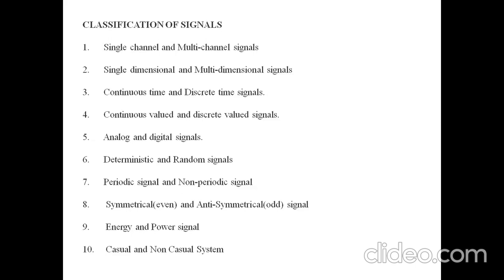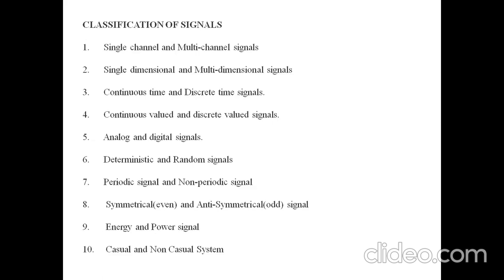In the first category, single channel and multiple channel signal. Second is single dimensional and multidimensional. Third is continuous time and discrete time. Fourth is continuous value and discrete value. Fifth, analog and digital. Sixth, deterministic and random.